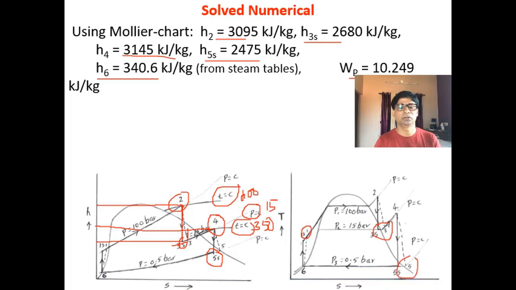You cannot get that from the Mollier chart directly. So this is how you have to make use of the Mollier chart. It reduces a lot of calculation. There will be a small variation in the answer compared to what you get using the steam tables. The steam table is more accurate, but there will be small deviation when you use the Mollier chart. But please do mention that you solved this problem using the Mollier chart, so then some consideration will be given, even though there will be small variation in the answer.